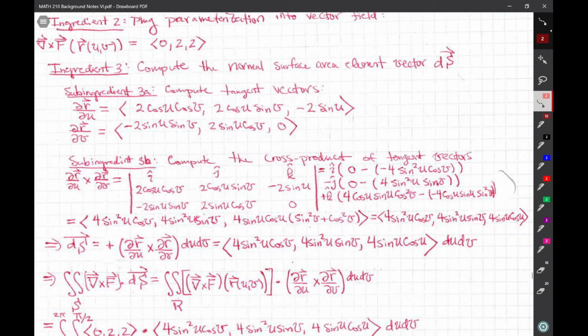dS, the vector. And there you get that by getting the tangent vectors by computing the derivatives with respect to u and v of the parameterization. Then you cross them, okay? This gives you a normal vector. And then you have to decide if you're going to take the plus or minus.